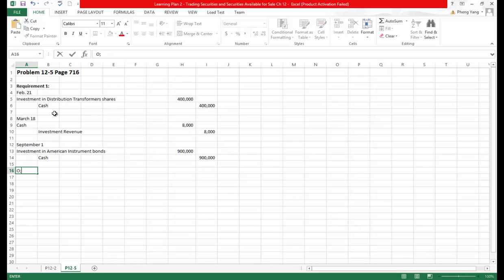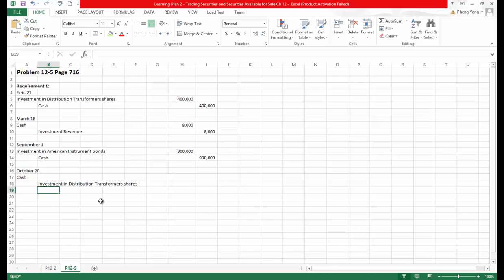October 20th, they sold the Distribution Transformer shares for $425,000. So we sold some investments, so we're going to get cash in. So we're going to debit cash. We're going to take the investment in the Distribution Transformer shares out.